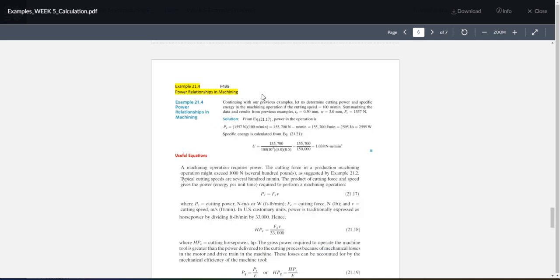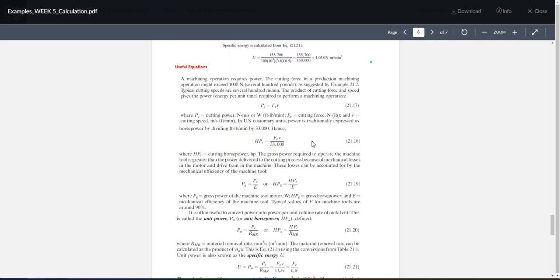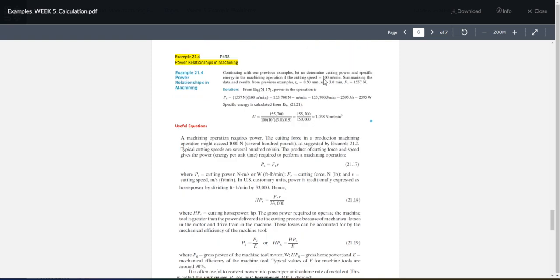So we can see here that the force was 1,557 Newton. Now we need to change the velocity to meter per second. It's given to us here in meter per minute, so to change that, we need to divide by 60. Okay, so that's obvious now. We can find the power. It's going to be equal to 1,557 multiplied by 100 divided by 60.